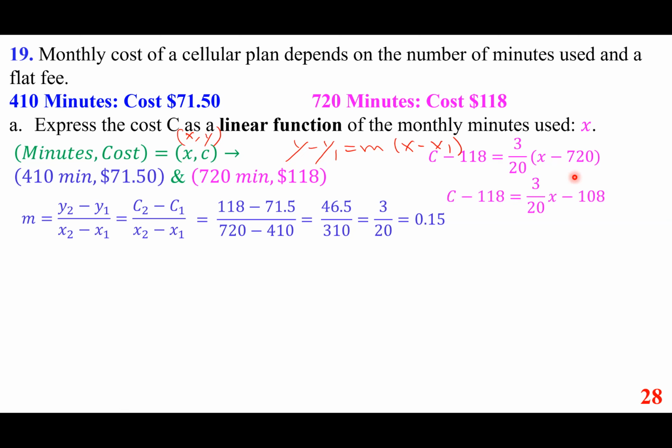We move this, that means we make it plus, so add 118. And C becomes 3 over 20 x plus 10. That is the cost in general.